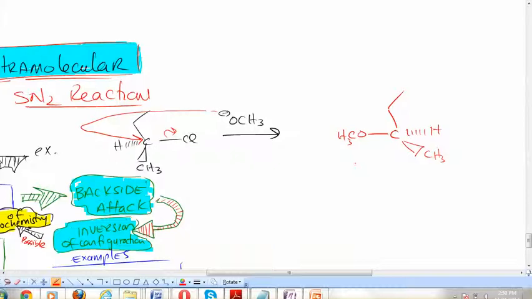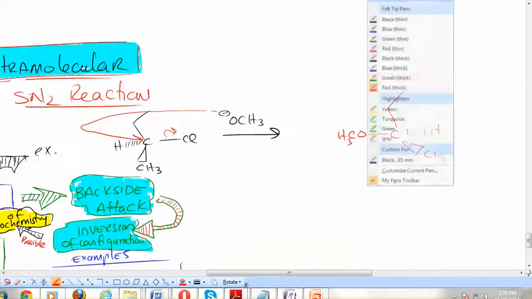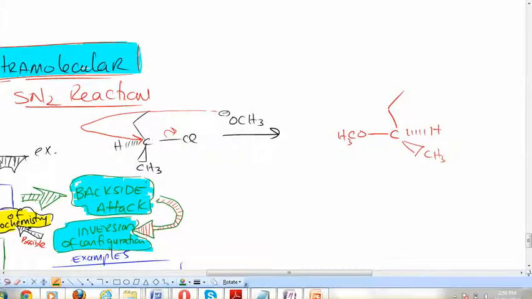Now, the inversion of the stereochemistry is if we assign our priority values to these guys. So in this case, this is 1, this is 2, this is 3, this is 4. We focus on the fourth priority group, and since it's away from us, we keep the stereochemistry that we have. So in this case, it's 1, 2, 3.